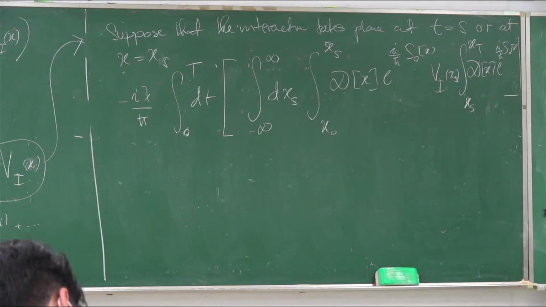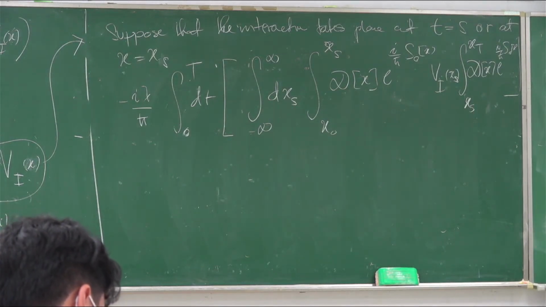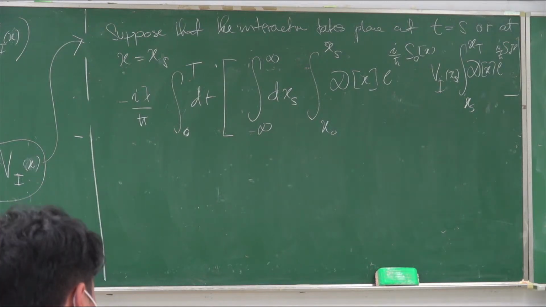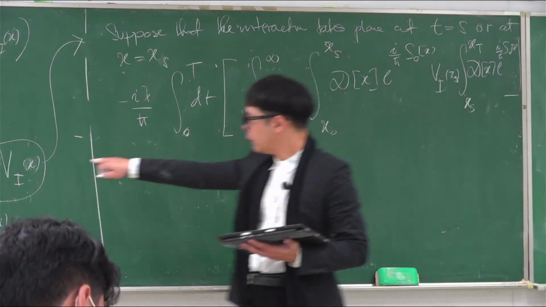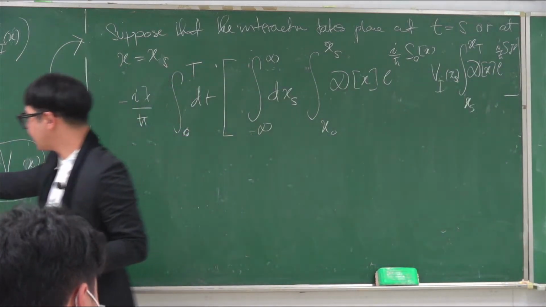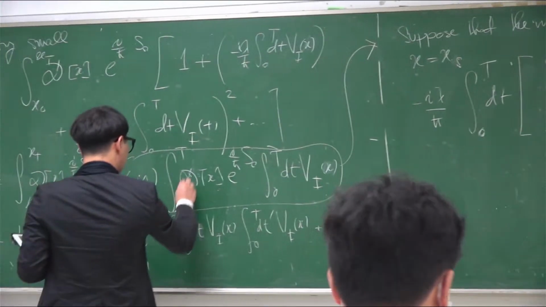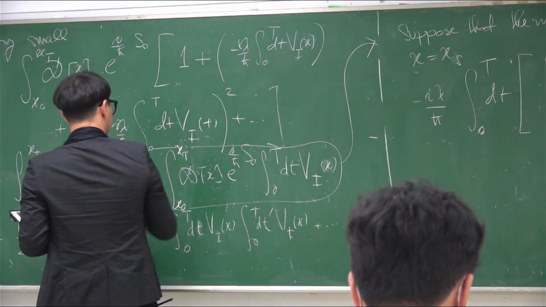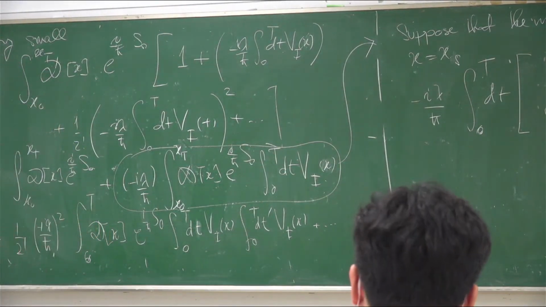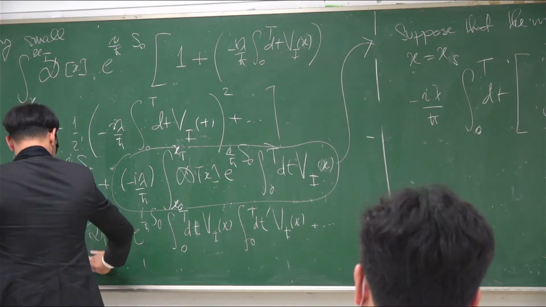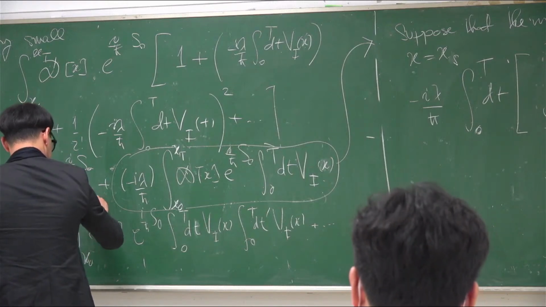Okay. So you use your integration this way. Here we can separate the x naught to x t, right? Be careful with my x t.